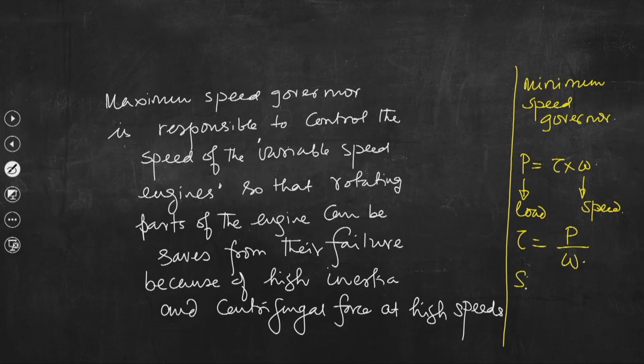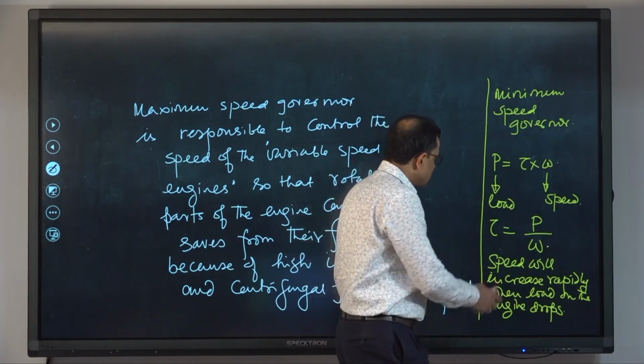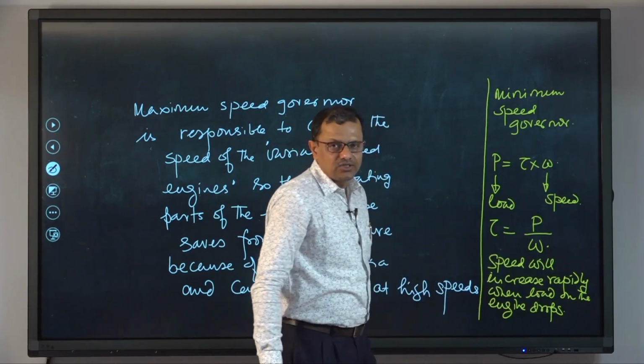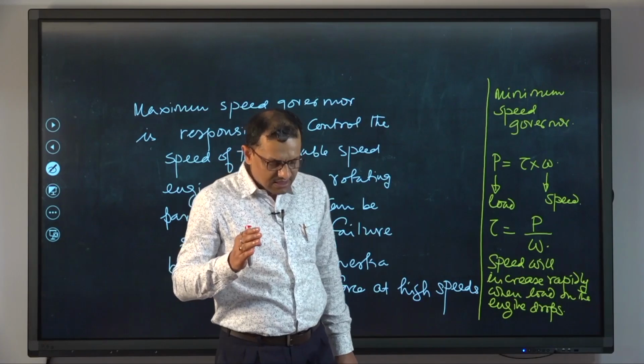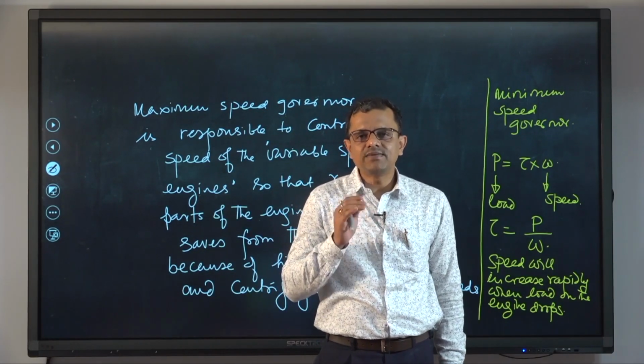So, speed will increase rapidly when the load on the engine drops. When the load on the engine drops suddenly, the speed will increase rapidly. So again, that means there must be a minimum speed governor so as to have stable operation of the engine.